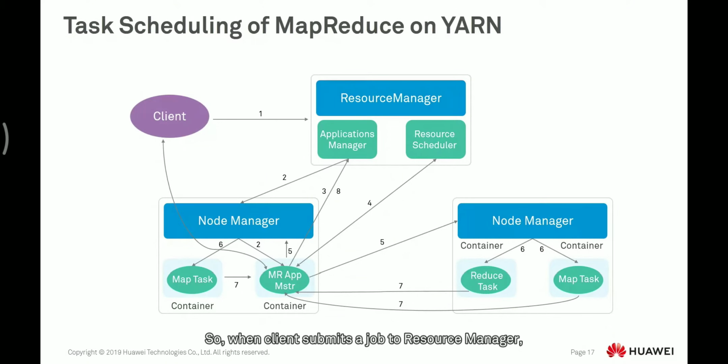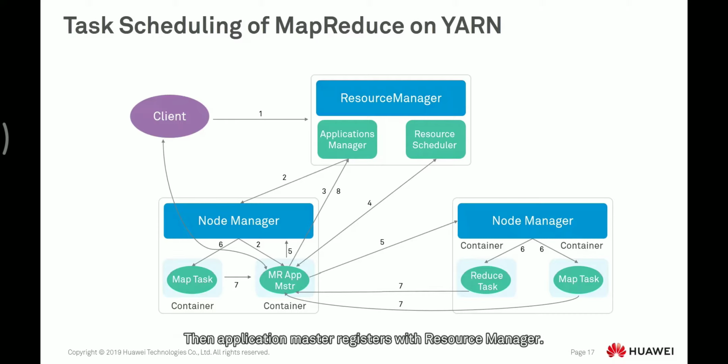So when a client submits a job to resource manager, the resource manager receives the job and allocates the first container for the application program and asks node manager to start application master in the container.